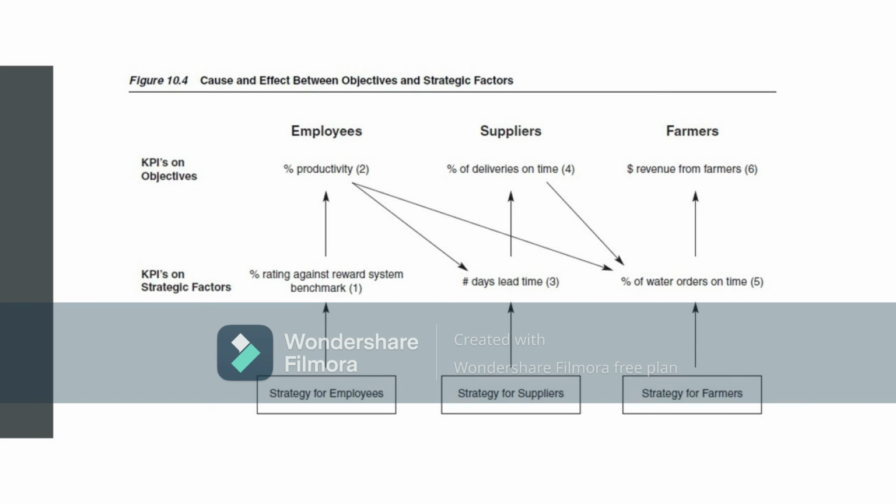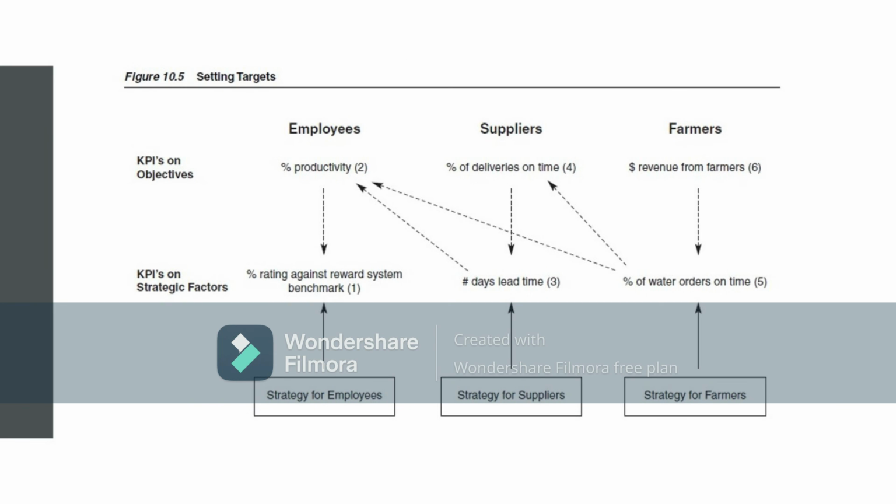To reiterate, the impact of strategy can be detected by its impact on other key stakeholders. While cause and effect in the figure move from left to right, targets are set from right to left. We see this in Figure 10.5.